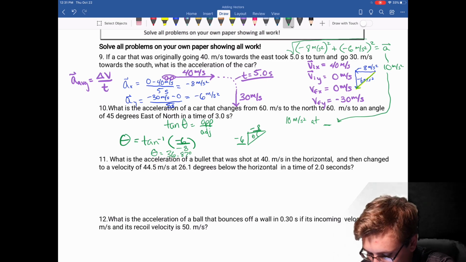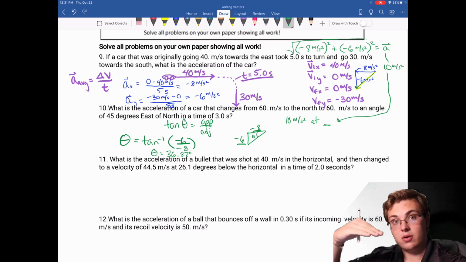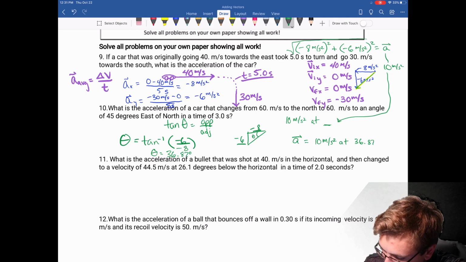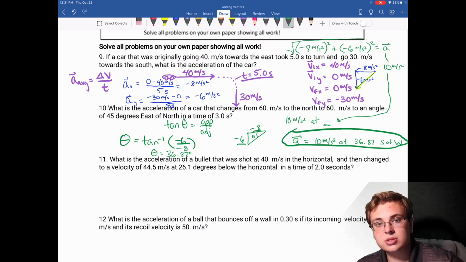And if that's what it equals, that's our theta, that's going to be south of west. So our final answer for our acceleration is going to equal 10 meters per second squared at 36.87 degrees south of west. It's as simple as that for that question.